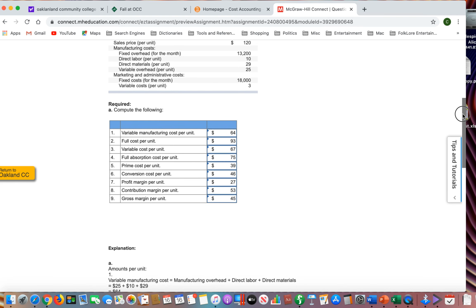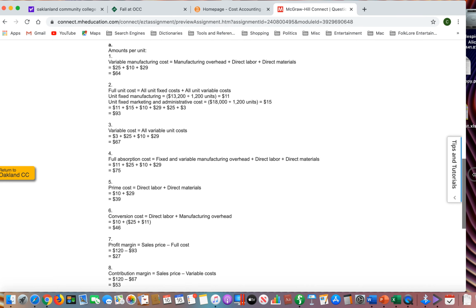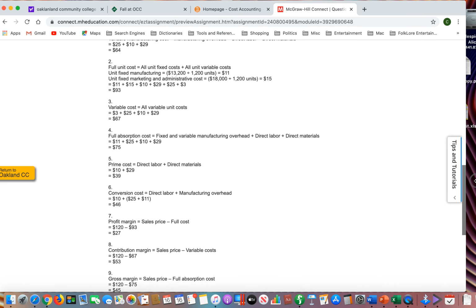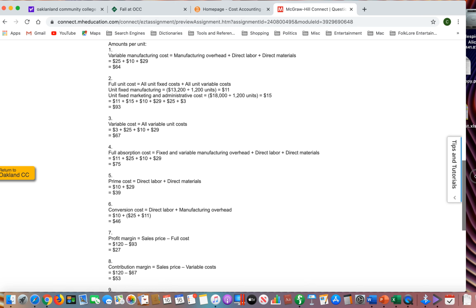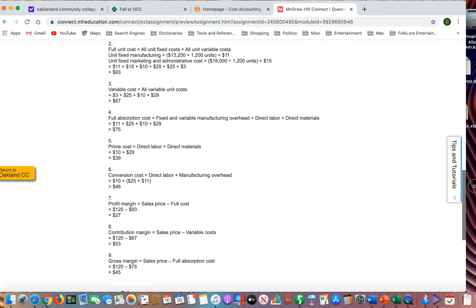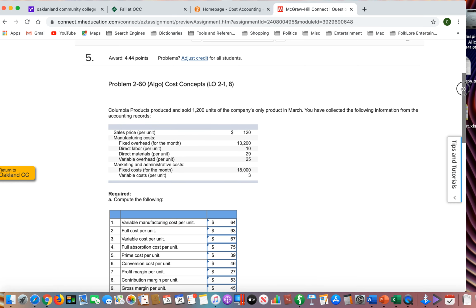And then these are the answers, and then, of course, this is how it was done. It's the details of how they solved the problems there, how they came up with the answers there. So you'll be able to check that, double check that.